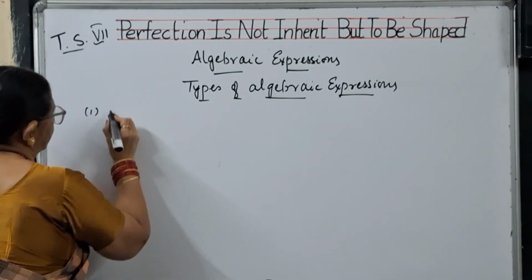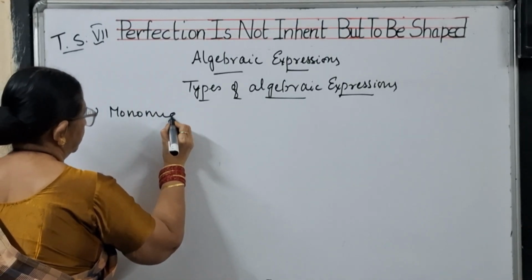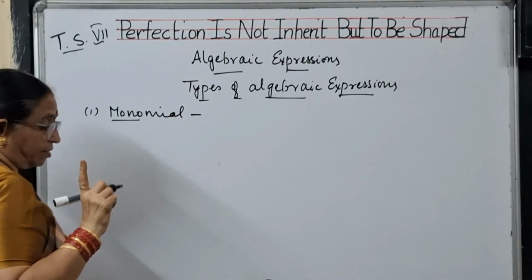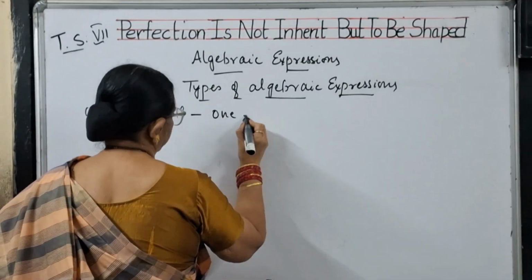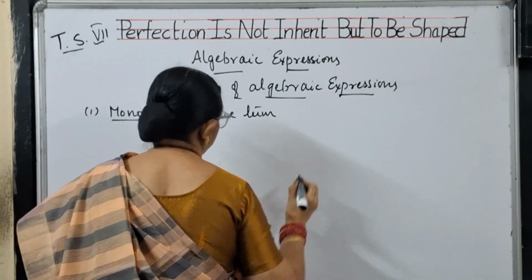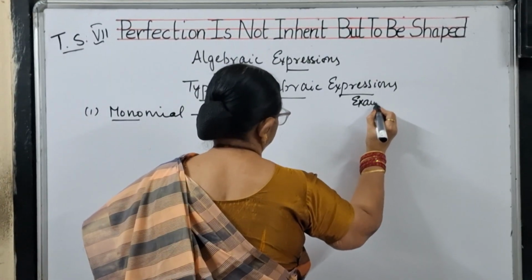The first one is monomial. Actually, mono means single, one, children. So monomial means the one which has got only one term. As an example, let me write here examples.